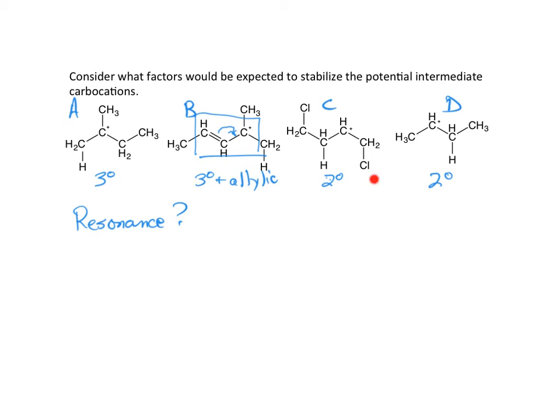The chlorine is separated, so even though there are unshared pairs of electrons on this chlorine, the charge is separated by this sp3 hybridized atom, and so these electrons can't be shared in a resonance with that carbocation.